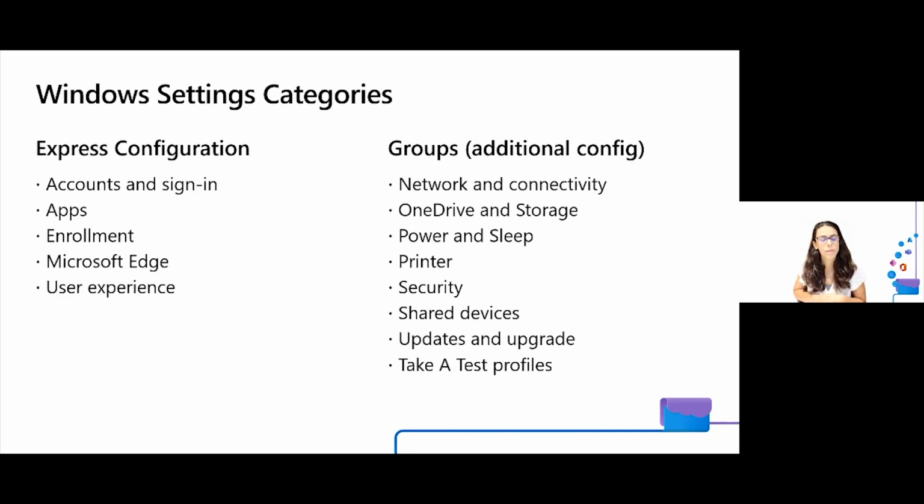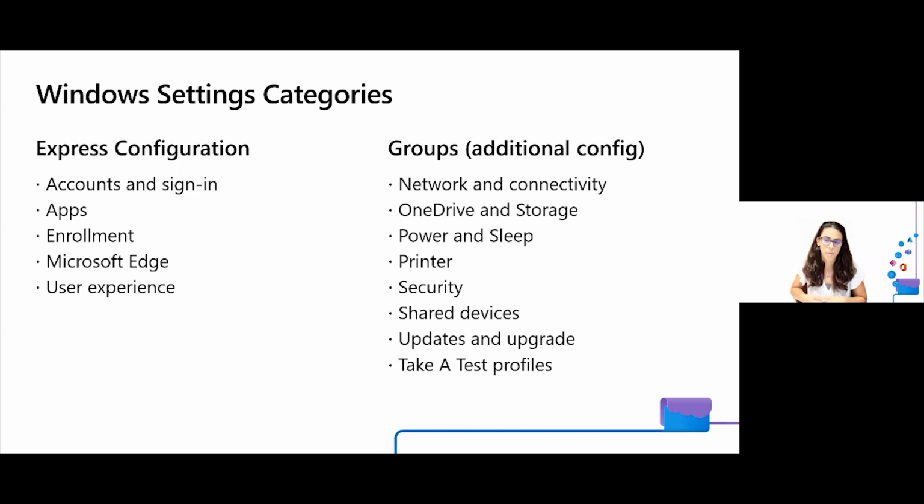Just to give you an idea, a comparison: when it comes to categories of Windows settings, if you explore express configuration, you'll see a small list of categories there: accounts and sign-ins, sign-in apps, enrollment, Microsoft Edge, user experience. But if you go to groups, you'll have more categories to choose from, and each category will have more settings to explore.